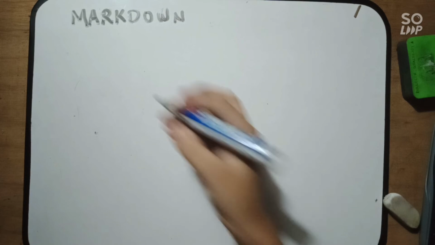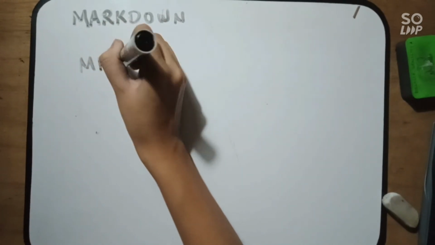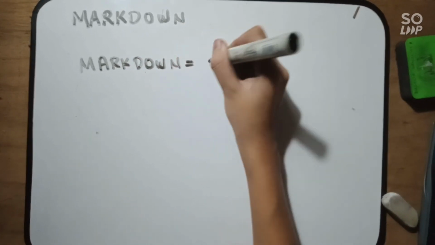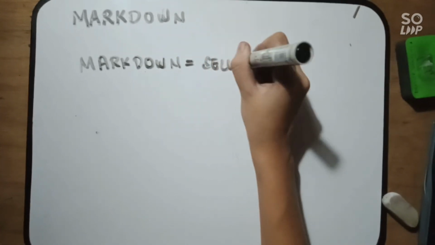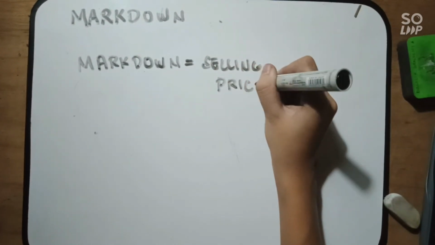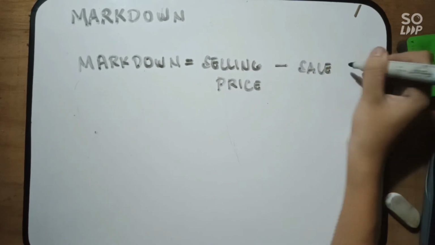So in computing for markdown, the formula is markdown equals selling price minus the sale price.